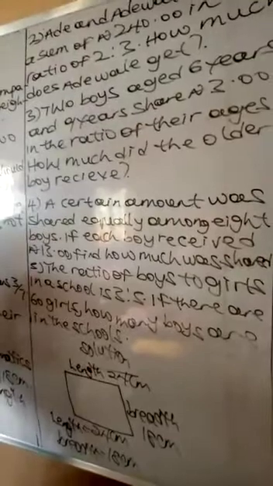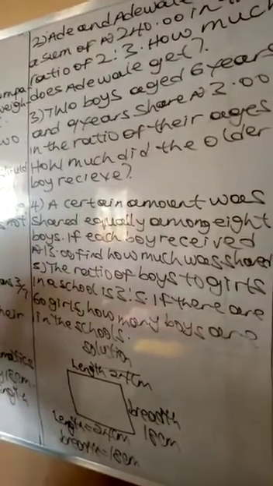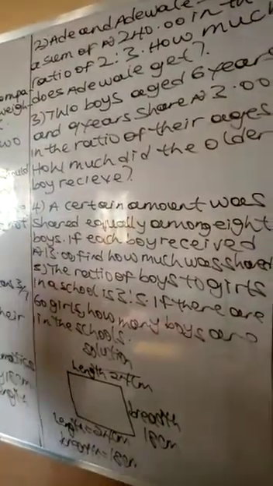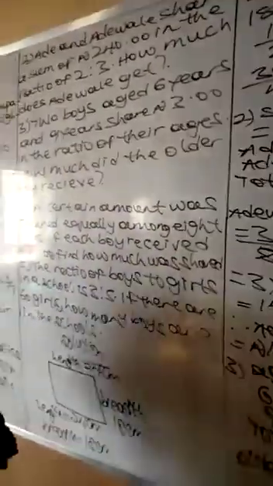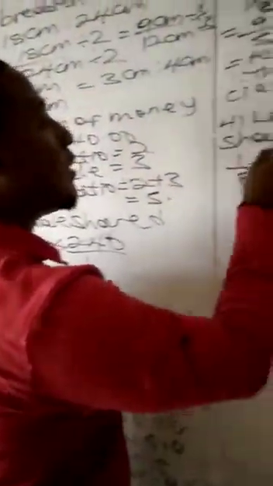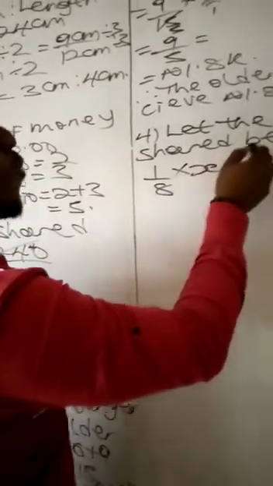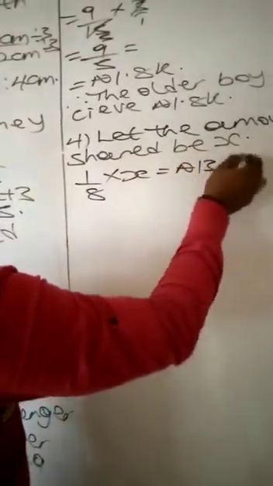Let's take the question again. A certain amount was shared equally among 8 boys. If each boy received 13 naira, find how much was shared. So if you want to get the amount that was shared, it's going to be 1 over 8 times X equal to the amount each of the boys receives.